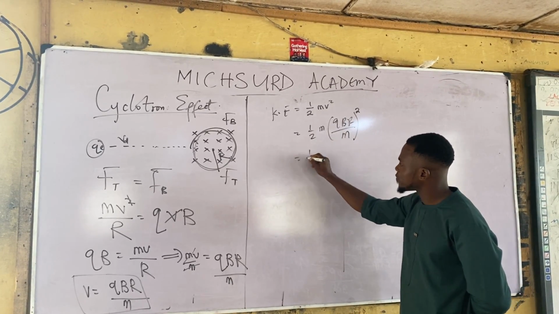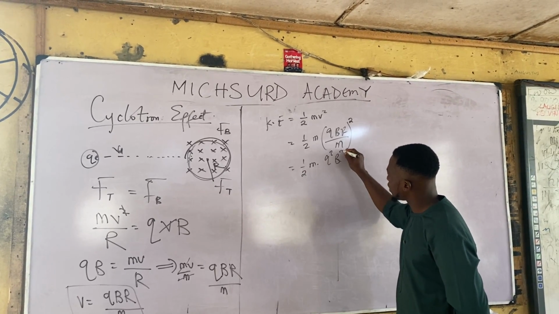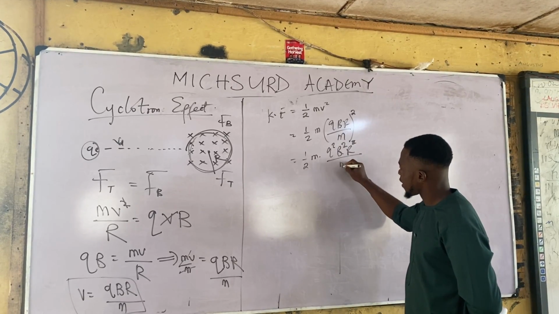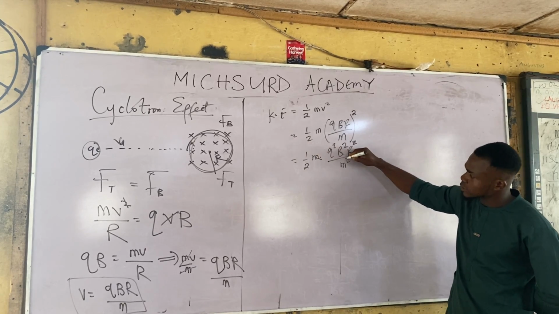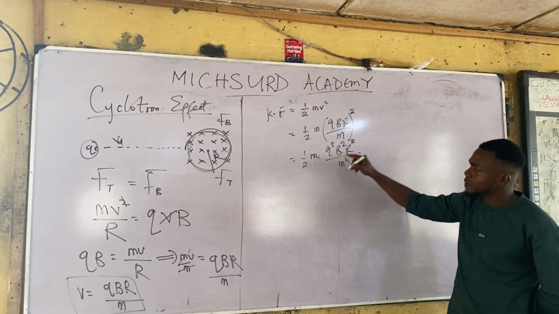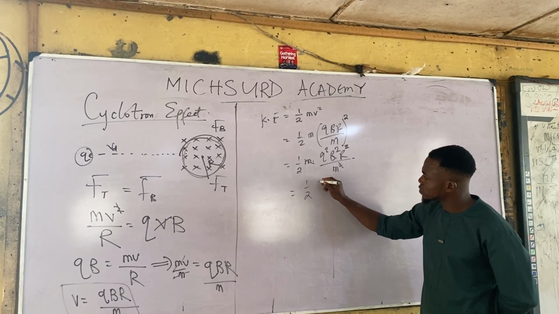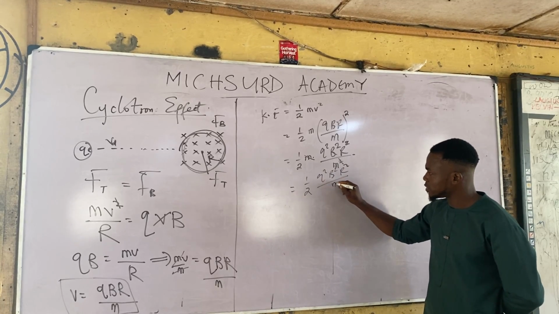So that means we have half m times q squared, B squared, and r squared all over m squared. Now do you observe that we can cancel one of the m? If you do that, what you have is half, then q squared, B squared, r squared all over m.